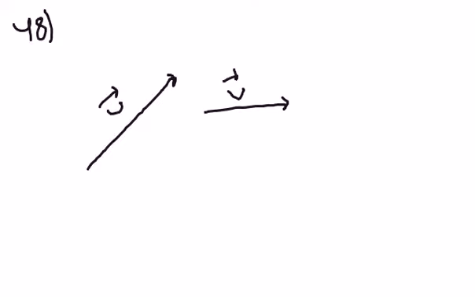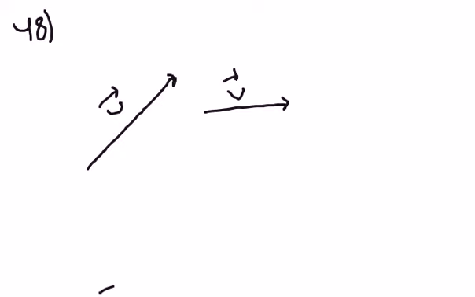Let's look at number 48, which is a similar thing. Represent the vector u minus v graphically. This one does not indicate which way you need to do it. I like the head to tail method, so that's how I'm going to do it. I have the same vectors u and v, and I want to represent u minus v.